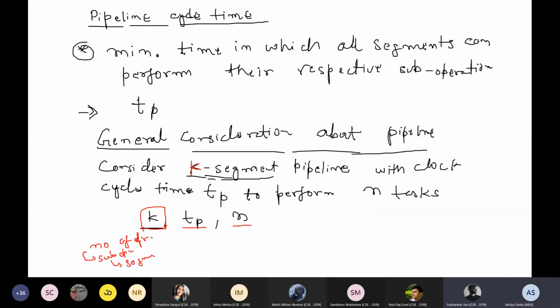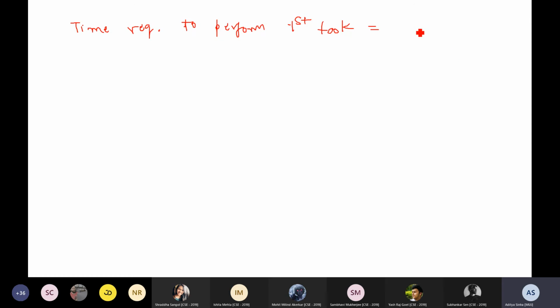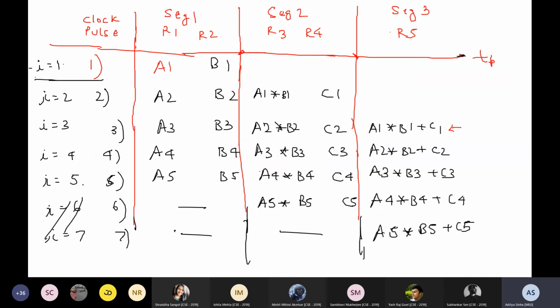Yeah, so in this case, can you write it down in terms of segment? Can we write for the first operation k into TP? Can we do that? For the first operation, just for the first operation.